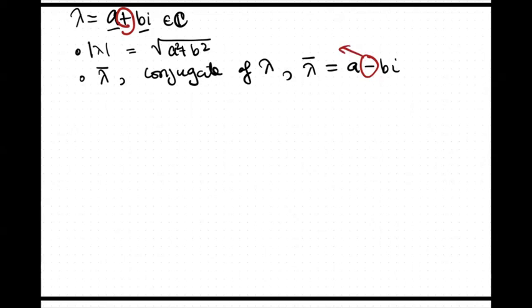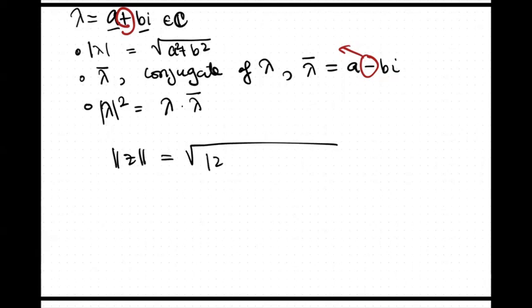And third, the magnitude of lambda squared is lambda times the conjugate of lambda. Also, from basic complex analysis, for z in C^n, the norm of z is the square root of the magnitude of z1 squared up to the magnitude of zn squared.